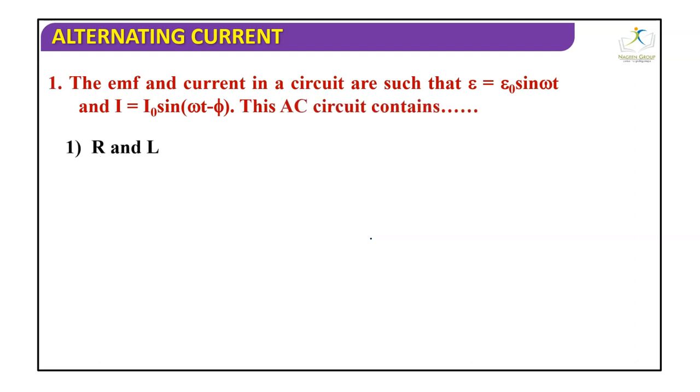The first question: the EMF and current in the circuit are such that E is equal to E naught sin omega t and I is equal to I naught sin omega t minus phi. This AC circuit contains L or R, R and C, only R, only C. The correct answer for this question, as we are studying, is R and L.